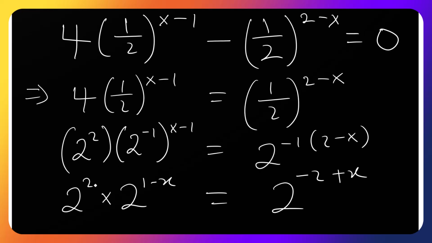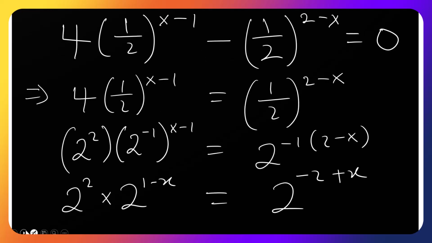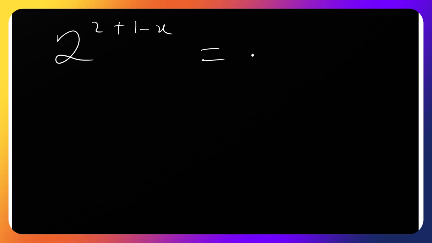So let's add this because the bases are the same and we are multiplying. So that will be 2 plus 1 minus x, and we have x minus 2.